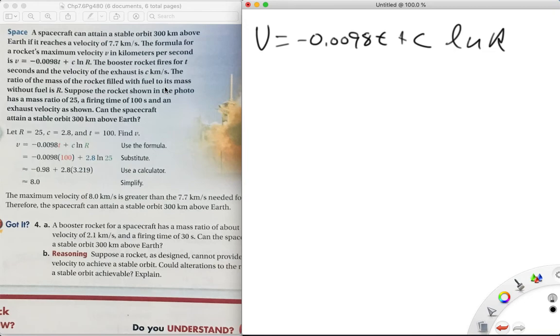Alright, and I guess they want to know if the velocity is above 7.7, it will be able to escape the Earth's orbit at 300 kilometers.